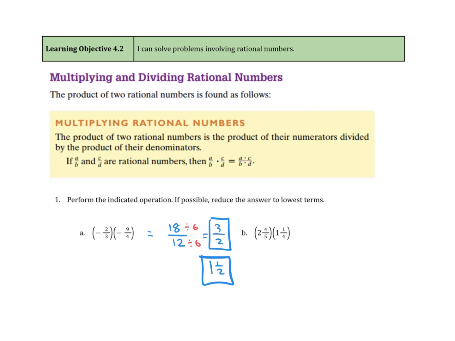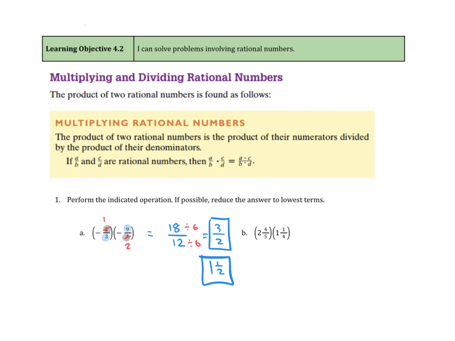So looking at that 2 and the 4, they have a common factor. I can divide them both by 2, so I'm going to do that, and this becomes a 1 and that becomes a 2.